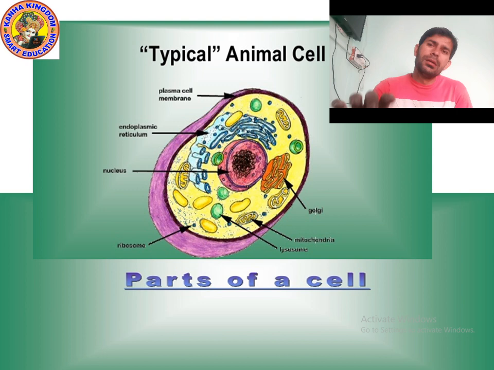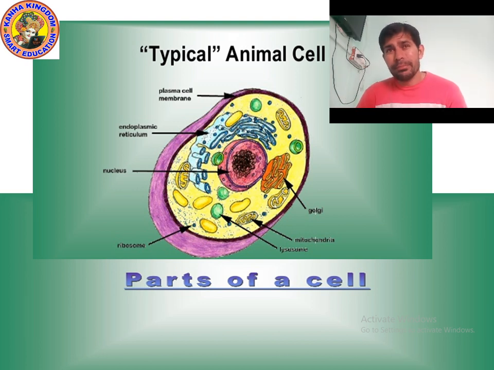And let's talk about the cell number. On the basis of the number of cells, living organisms can be classified into two categories: unicellular living organisms and multicellular living organisms.